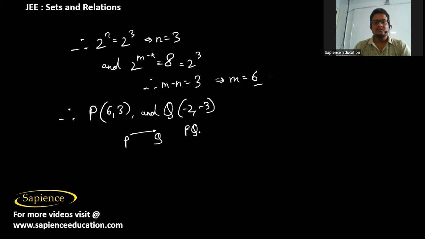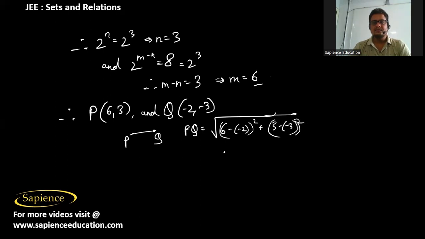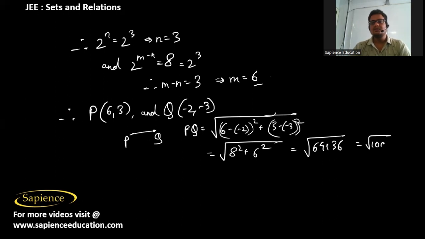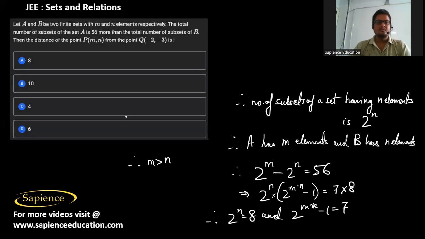PQ will be equal to square root of (6 minus of minus 2) whole square plus (3 minus of minus 3) whole square. So that is equal to 6 plus 2, that is 8 square, plus 3 plus 3, that is 6 square. So that is square root of 64 plus 36, which is root over 100, that is equal to 10 units. So 10, option B is the correct answer.